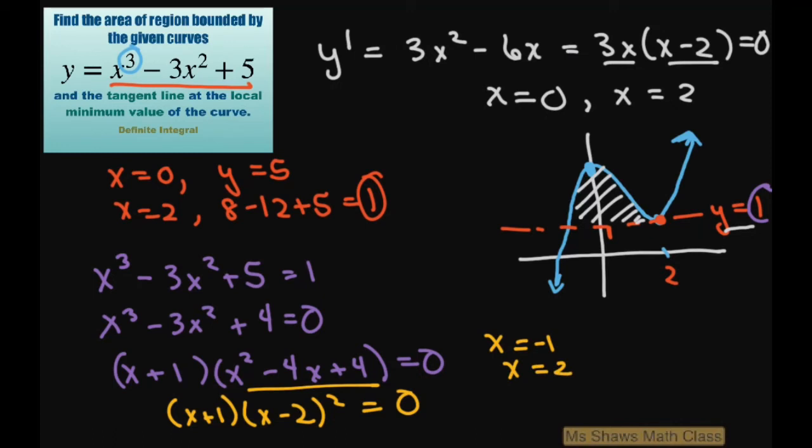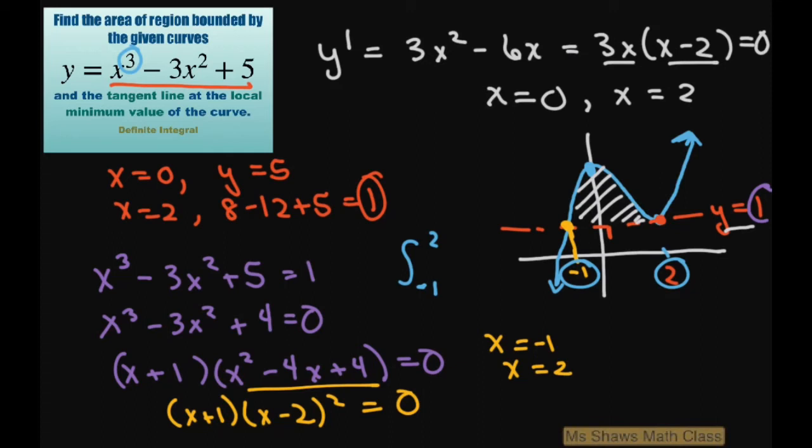So what we're looking for is x equals negative 1 right about here. That happens right about here. So that's that point. That's the main thing we were looking for. So we're going to go from negative 1 to 2, and the only other thing we need to do is decide which one goes first.